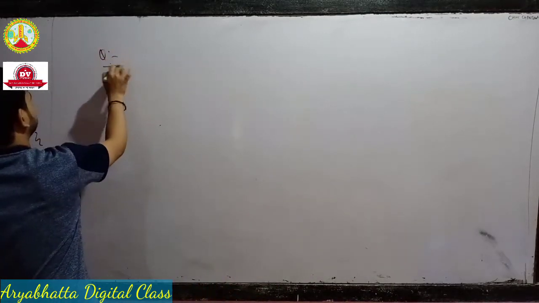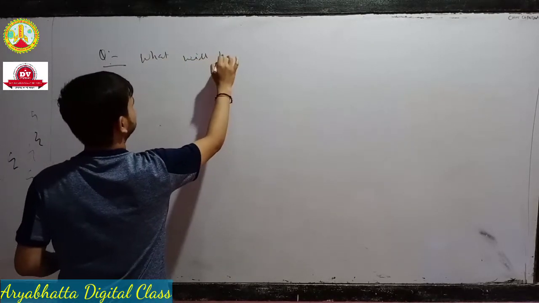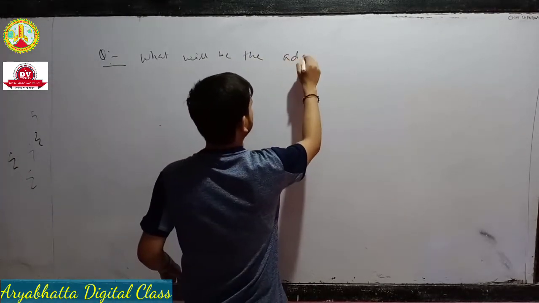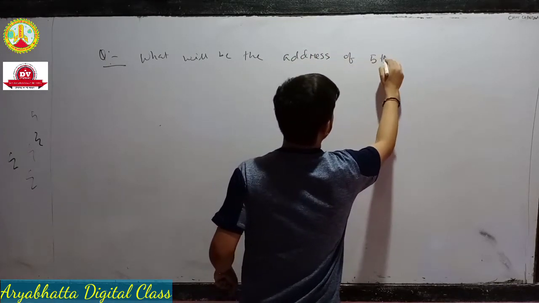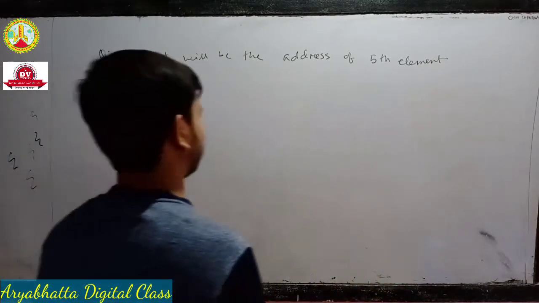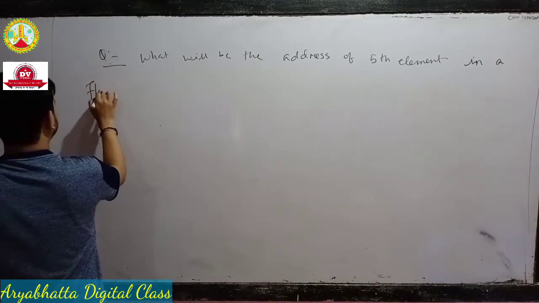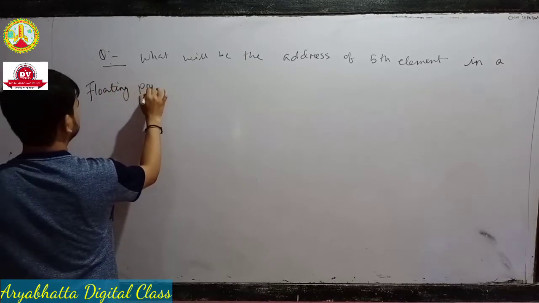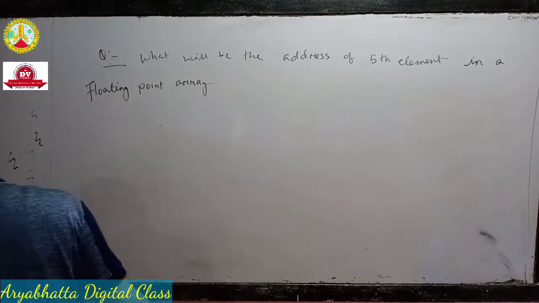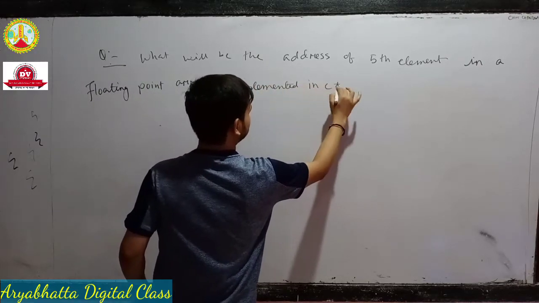Write down: what will be the address of the fifth element in a floating point array implemented in C++?